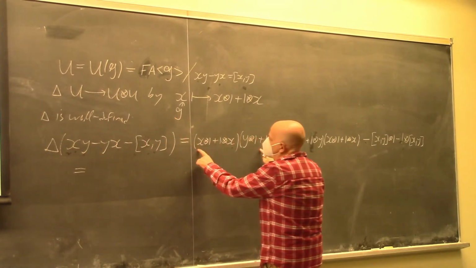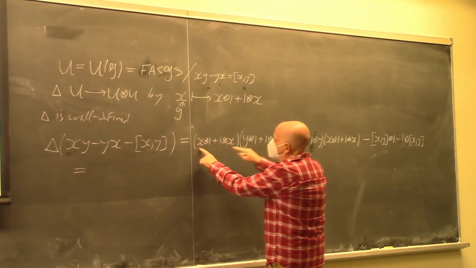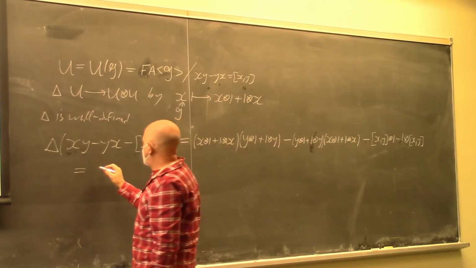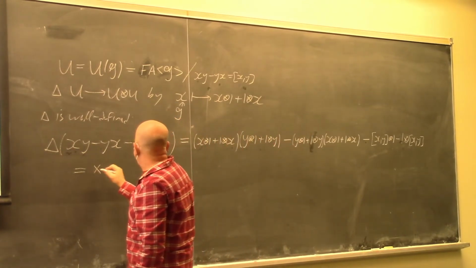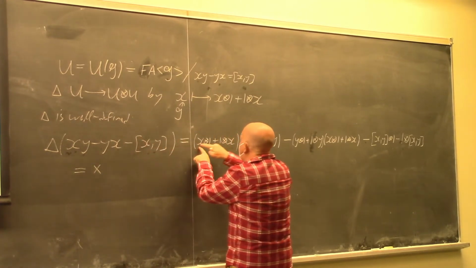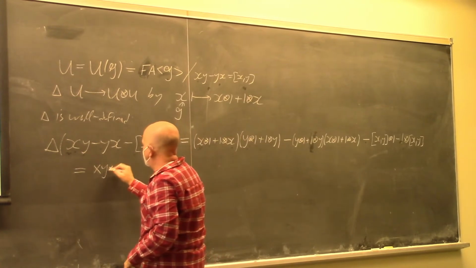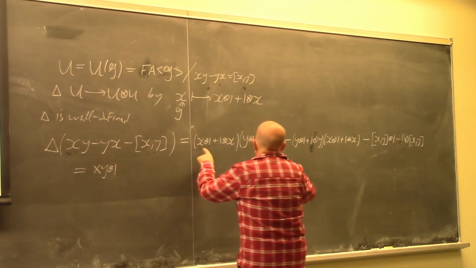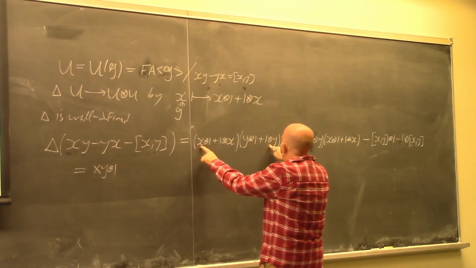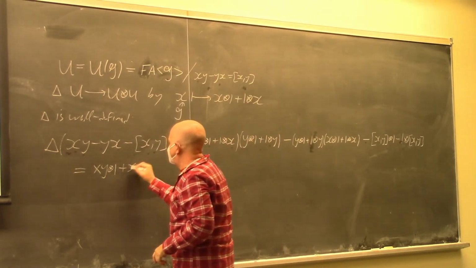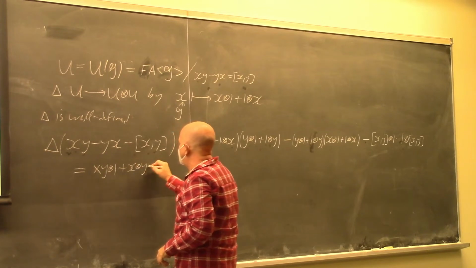And over here, you will get xy times 1, so xy tensor 1, plus x tensor y from this and this. So plus x tensor y.